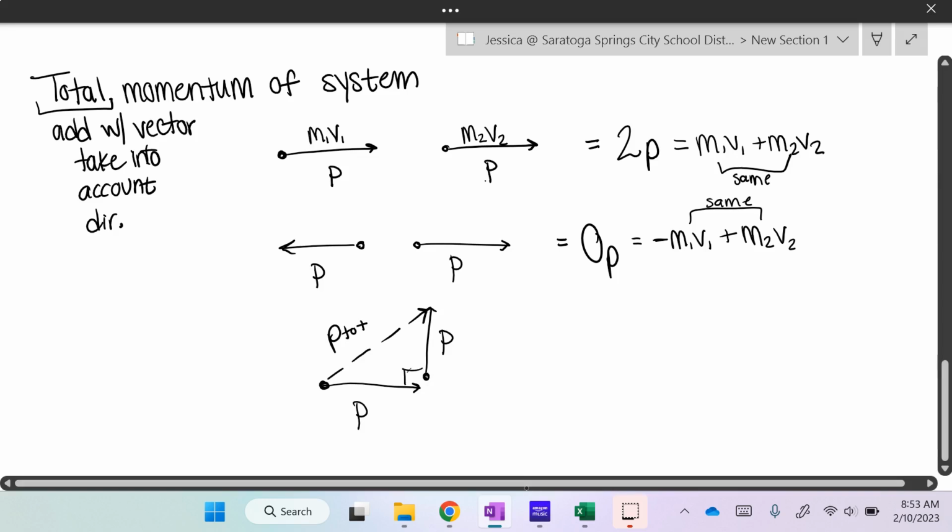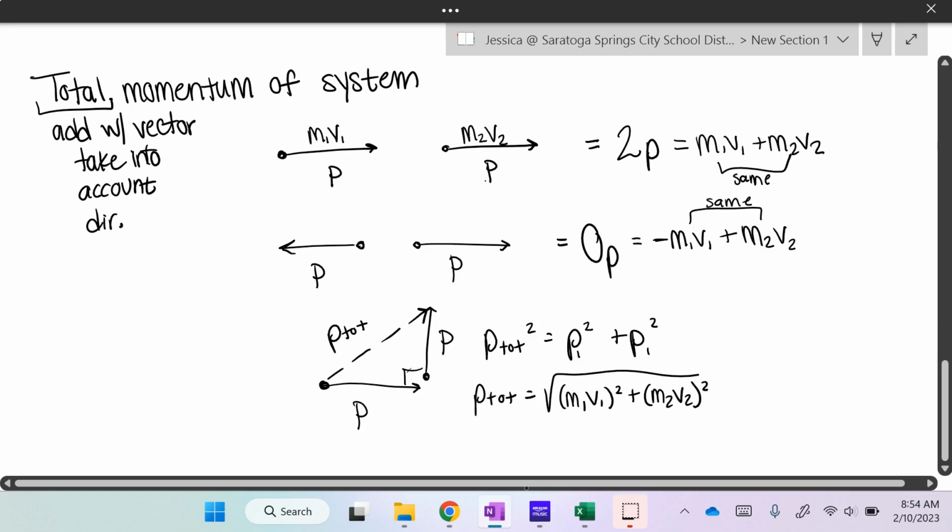I just drew a right triangle, so that tells me my total momentum is going to equal my individual momentums in the Pythagorean theorem. So my total momentum would equal, remembering those P's really represent m's times v's, the square root of m1v1 squared plus m2v2 squared. And I can't pull out the squares, because that's not how algebra works.